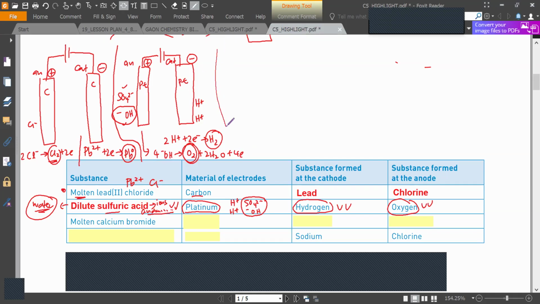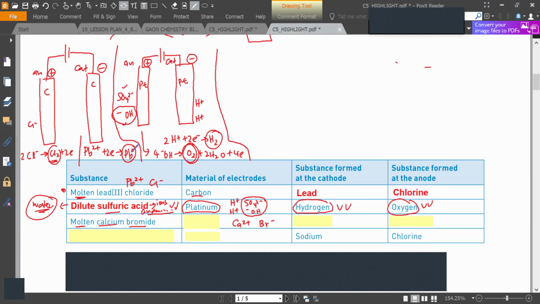Next, we have molten calcium bromide. Molten means no water, so we have calcium and bromide. Calcium is group 2, so it's always 2 plus. Bromide is -1.